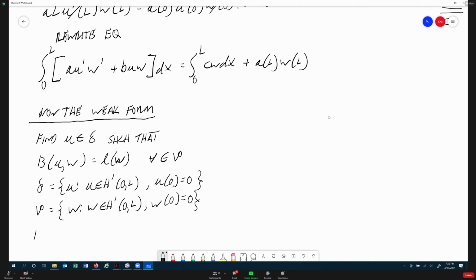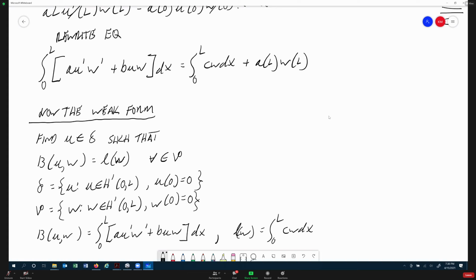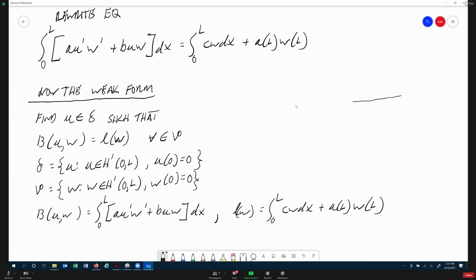And B(u, w) is equal to the integral from 0 to L, A u prime w prime plus B u w dx, and L(w) is equal to integral from 0 to L C w dx plus A L w of L. So this whole thing is our weak form problem statement.